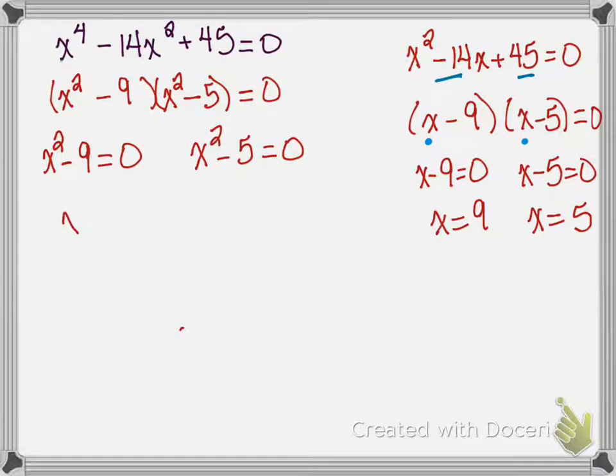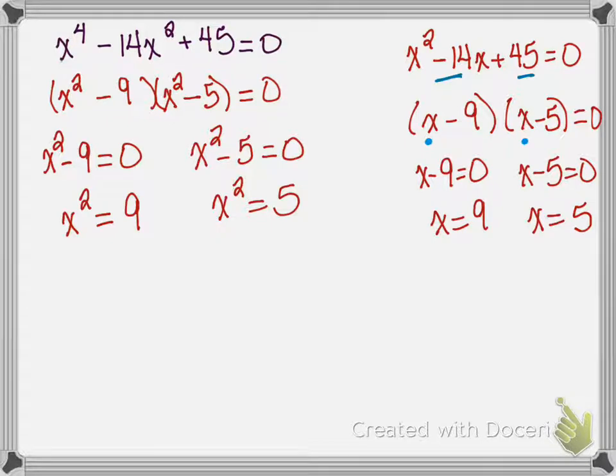So I'm going to get x squared equals 9, and x squared equals 5. I'm hopeful that once you see x squared equals 9, something clicks and you know what to do. Does anybody know what to do?